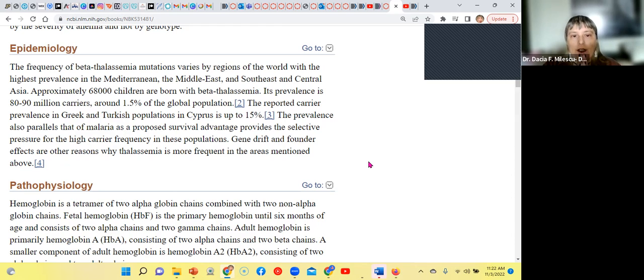So that is also seen with this beta thalassemia. It seems that it has a higher frequency in this population, and genetic drift and its effects are why thalassemia is more frequent in these areas, also where you will find the frequency of malaria heightened as well.